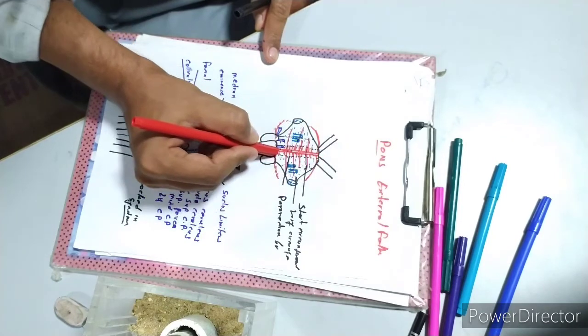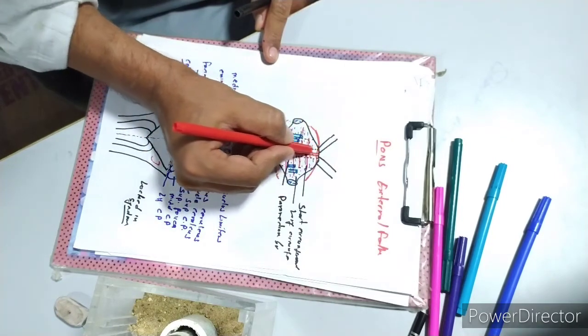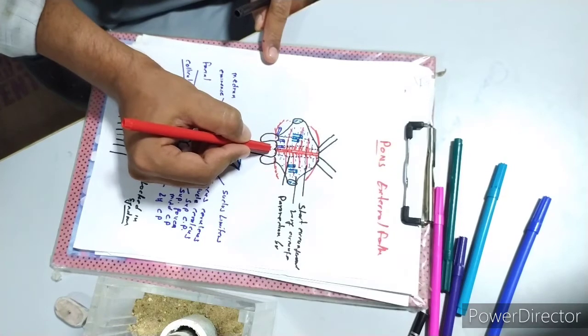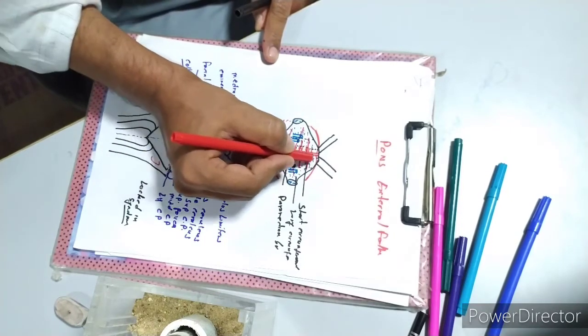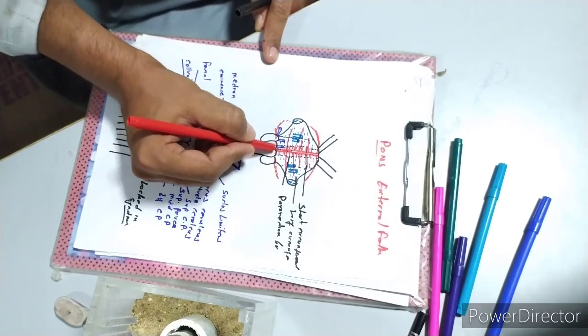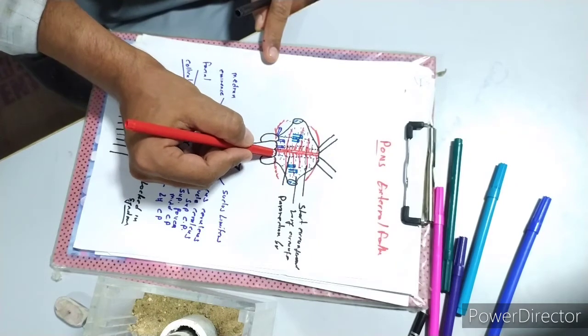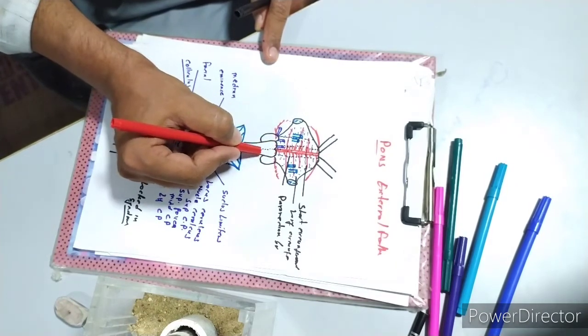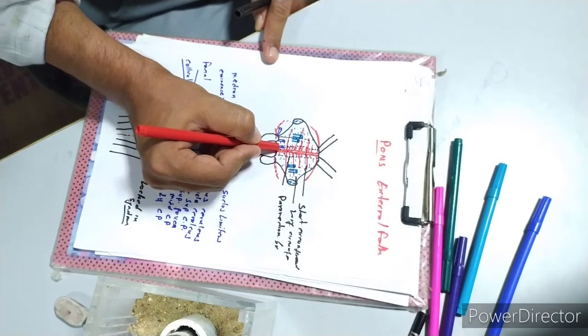The corticobulbar and corticonuclear fibers which descend downward are paralyzed, and these fibers supply the nuclei, such as those of the facial nerve or the abducens nerve.